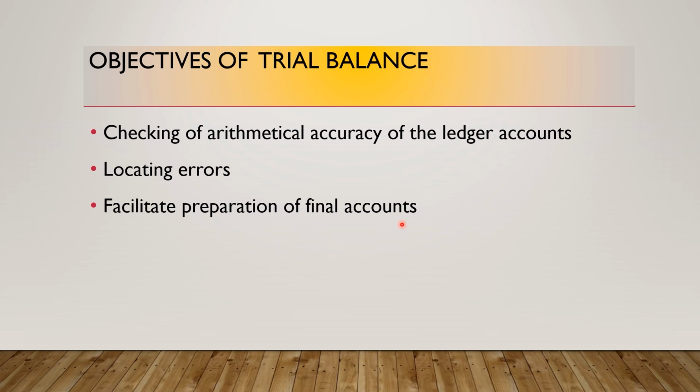What are final accounts? Trading account, profit and loss account, and balance sheet. So when we prepare final accounts, we do not require journal entries or ledger accounts. What we require is a trial balance, because trial balance gives us a summary of all the balances in all the ledger accounts. Okay, so we require trial balance for the same purpose.